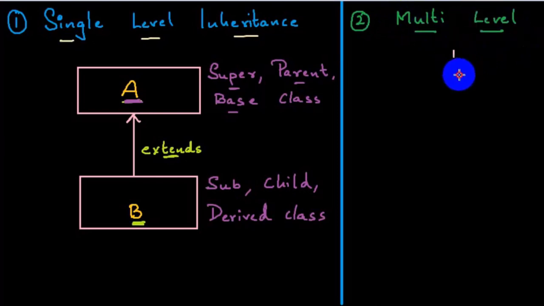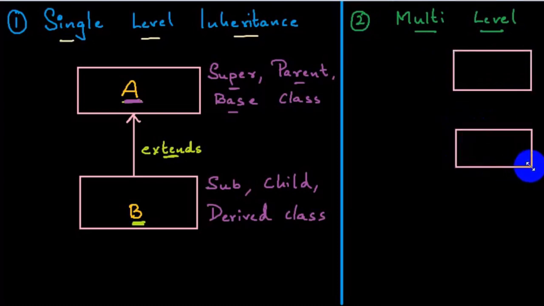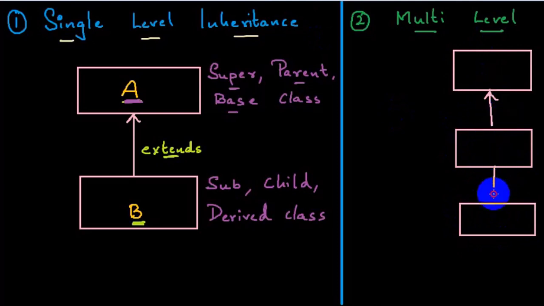Okay, so now here let me draw this representation so that it becomes a beautiful way of understanding. Okay, so this is one way, this is another way. So this is class A, class B, class C. So this is multi-level inheritance. So what is multi-level inheritance, sir? Multi-level inheritance is a combination of multiple superclasses and multiple subclasses in a sequential manner.